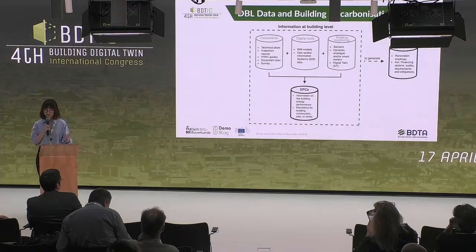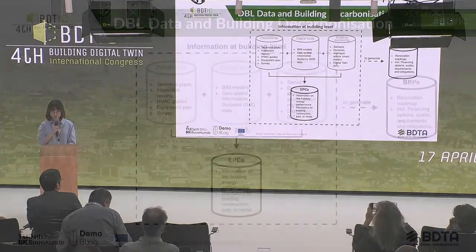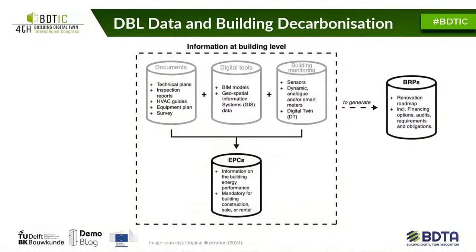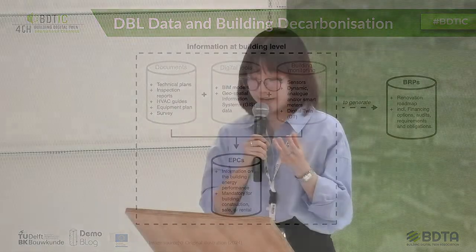The Building Renovation Passport, or the BRP, on the other hand, is essentially an evolution of the EPC. It's a user-friendly document that outlines the long-term, step-by-step renovation roadmap for a building to assist homeowners when planning staged deep renovations.